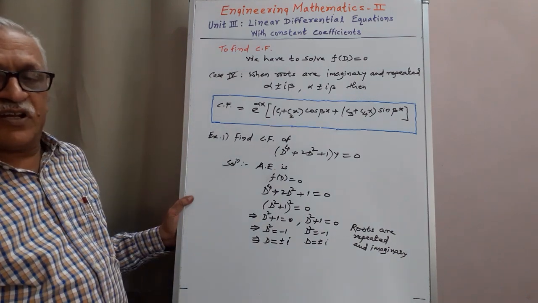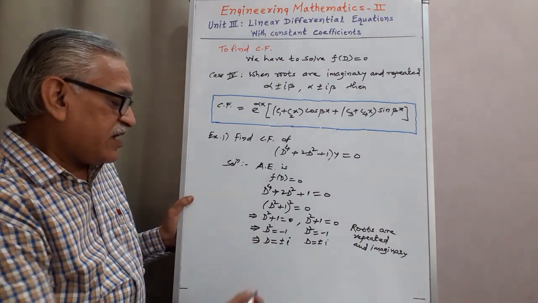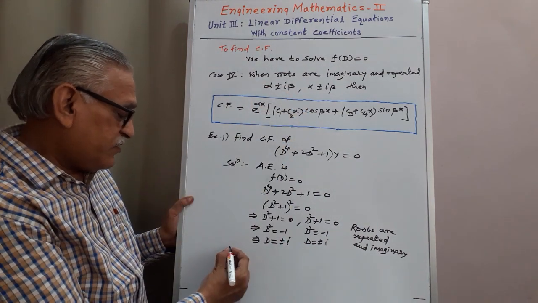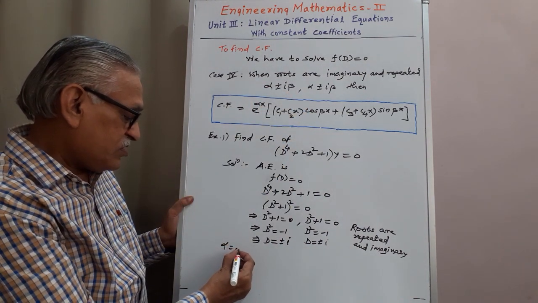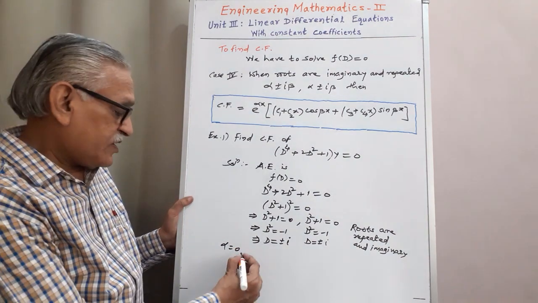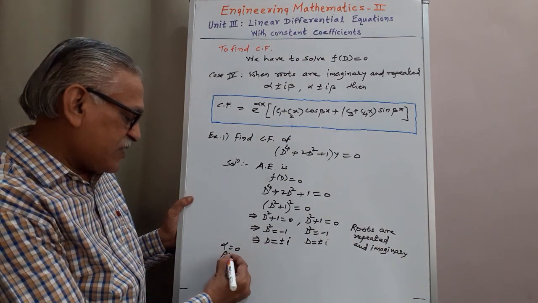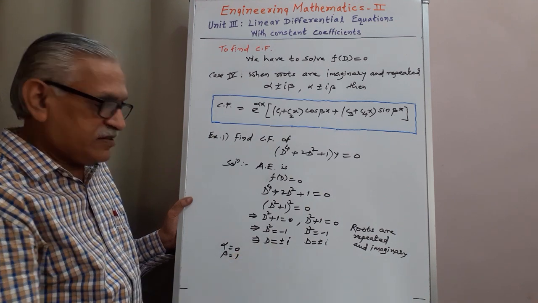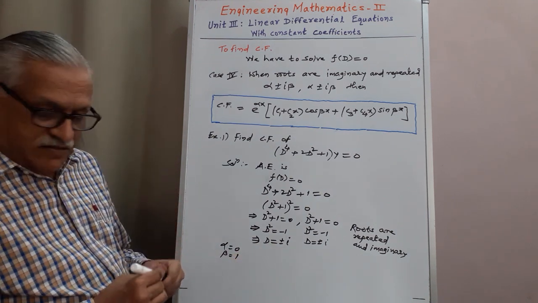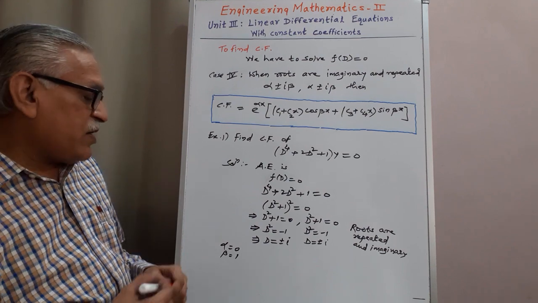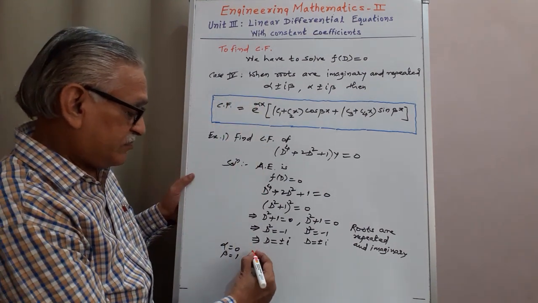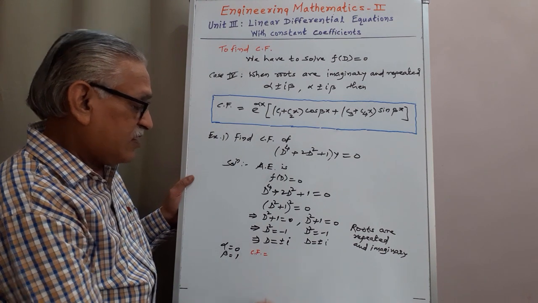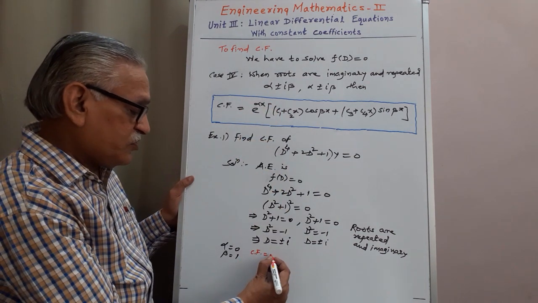Roots are imaginary and repeated. And then comparing with the form alpha plus minus i beta, we get here alpha equals the real part, 0, and beta, the coefficient of i, is 1. And then the complementary function is e raised to alpha x, e raised to 0x.